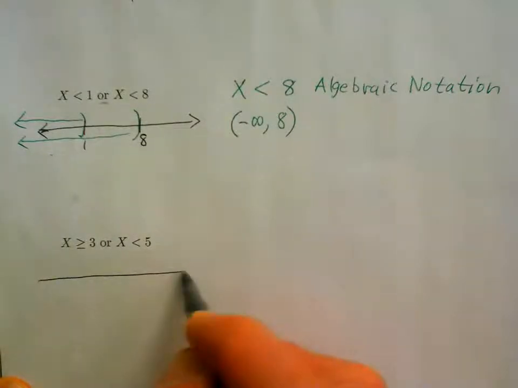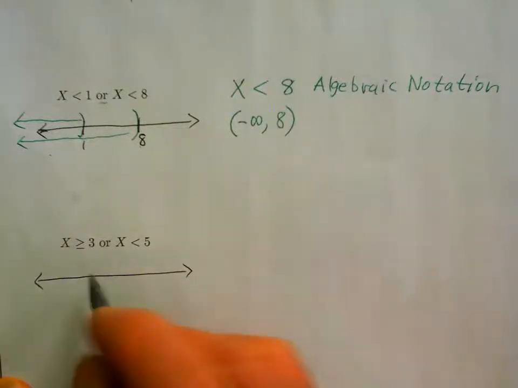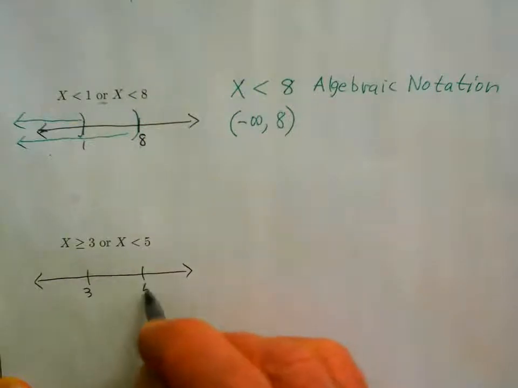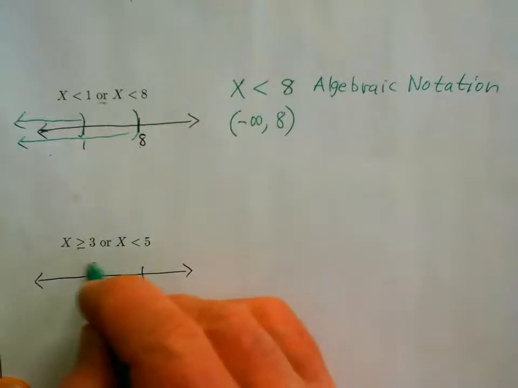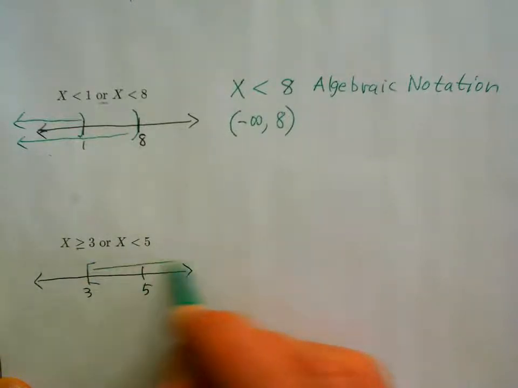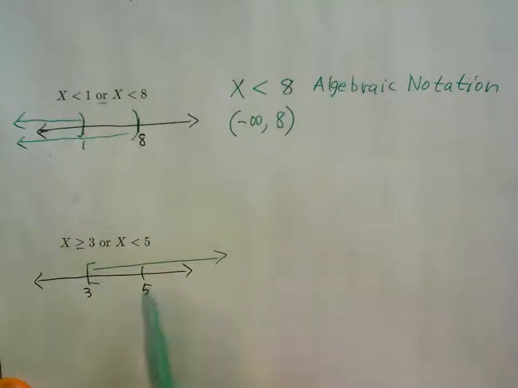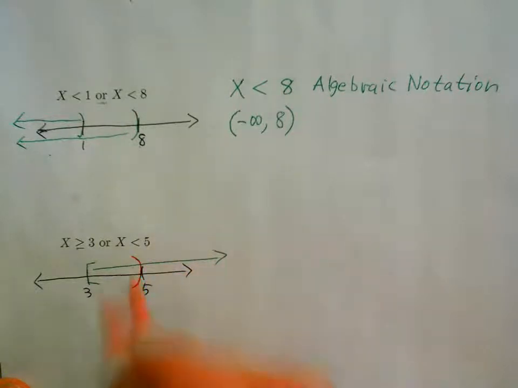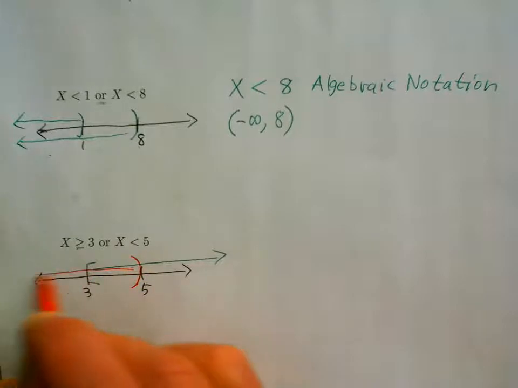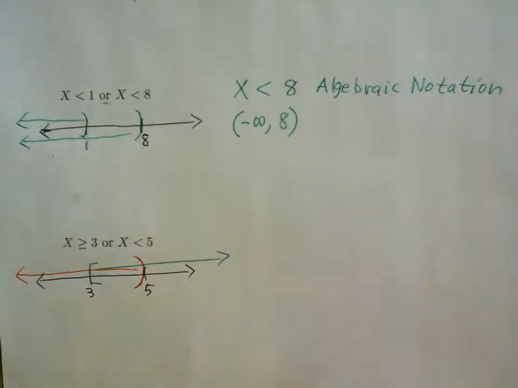But sometimes it can help to graph. We'll plot the numbers 3 and 5. If x is greater than or equal to 3, those are the numbers from 3 and to the right. And if x is less than 5, those are the numbers that are only to the left of 5 on the number line. But if we combine all of the numbers that are in both sets, then we have all real numbers.